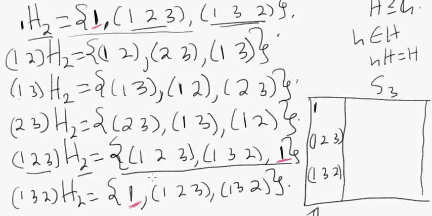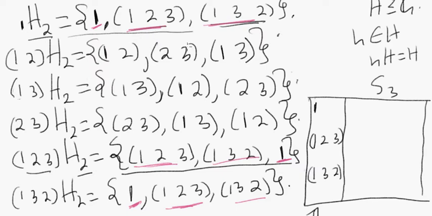Now notice that these cosets are exactly the same, right? Because 123 can be found in the coset H2. 123 is also found in the coset 123H2, the one that had 1 as well. And 123 is also found in the other coset. And notice the same with 132. So we are observing again what we did theoretically, that when we're dealing with cosets, if cosets have one element in common, then they're exactly the same coset.